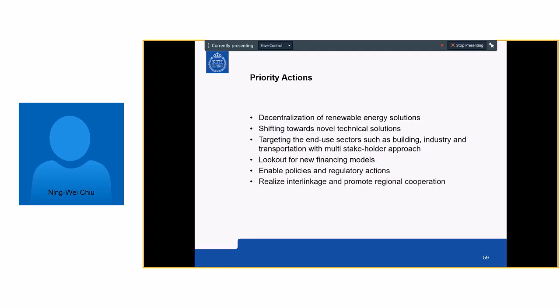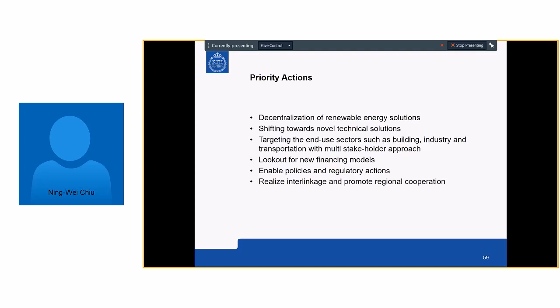Another priority action is to shift towards novel solutions. We know that we are technologically mature with a lot of the conventional traditional systems, but now we want to promote new technologies, like electric vehicles.